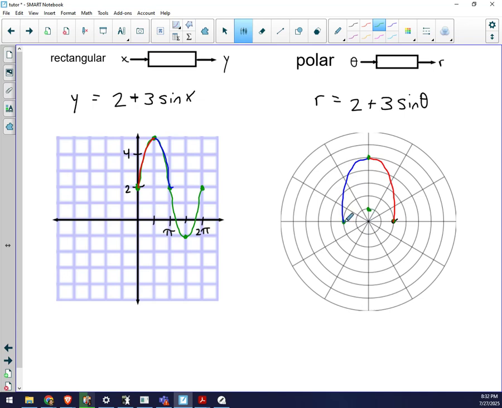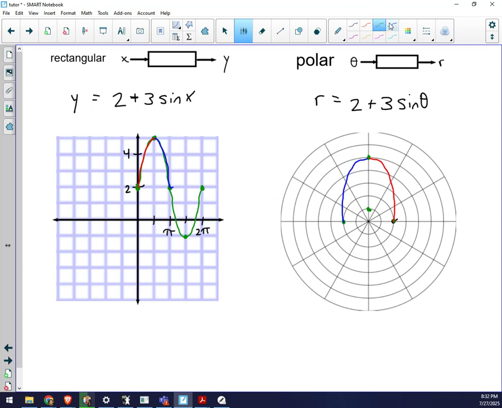So how does r decrease? Notice we have an x-intercept where y equals 0, which I'm thinking is going to be pi sixths after.